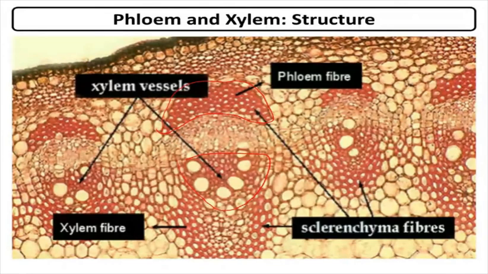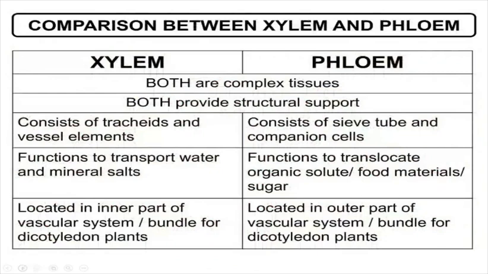Lepas tu sclerenchyma fiber ada dalam xylem. Kemudian ada kat sini parenchyma. Okay. Kemudian ada vessel element, sieve tube element, semua ada kat situ.